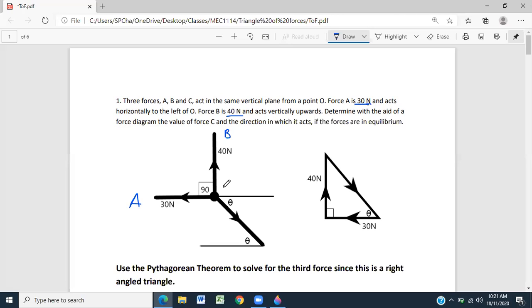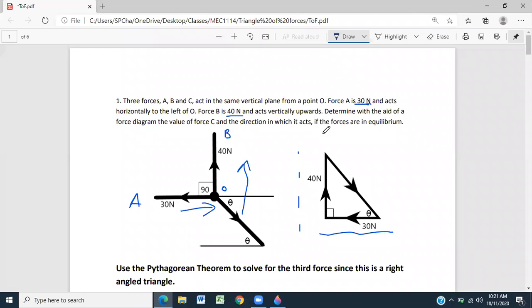So this is your point O, and you have these two forces. So what we do is we slide this one across here, and then we slide this one up, and we slide this one across. And we join them up and make this triangle. Does everyone understand how we create this triangle from these three forces?